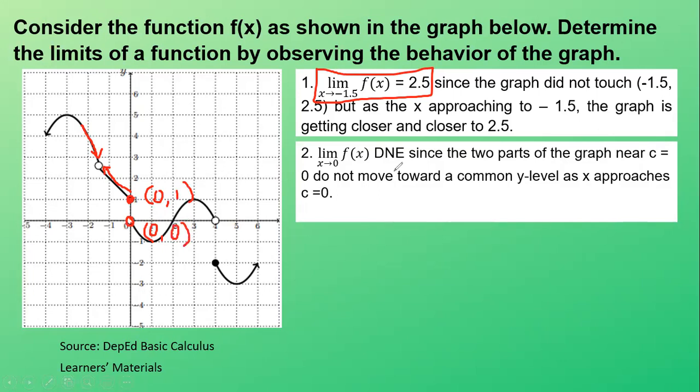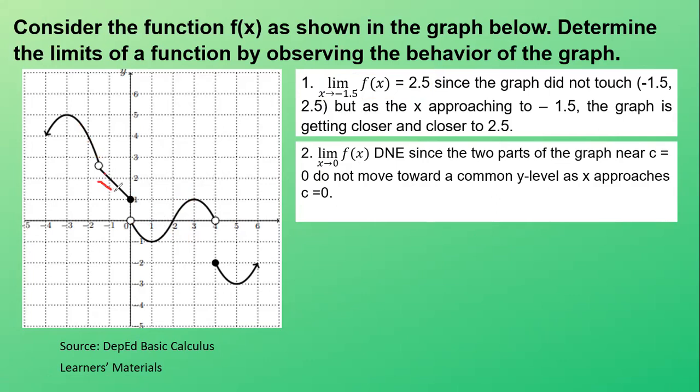Okay? So, dalawang y value yung meron tayo for x is equal to 0. Okay? So, thus, the limit does not exist. Okay? So, bakit kaya does not exist yung naging sagot natin dito? Okay? So, let's examine from the left of x is equal to 0.